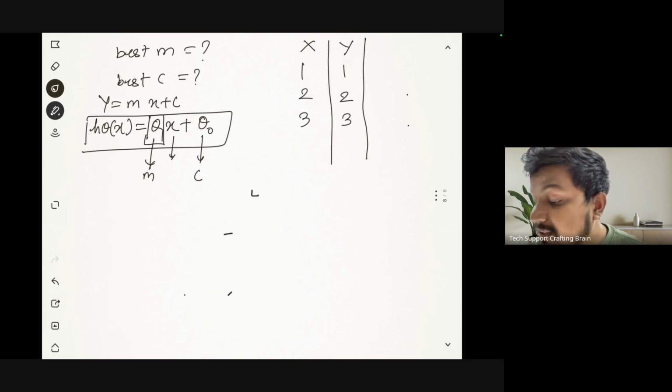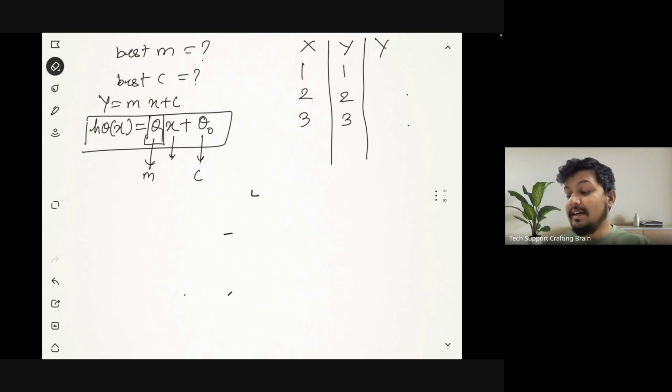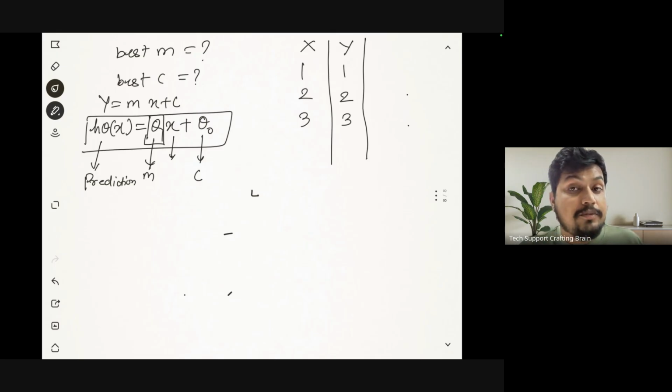I cannot represent my prediction again with the Y variable, because it would definitely create confusion. So we created one more new variable, h of theta x, and that is what we are going to call our prediction.